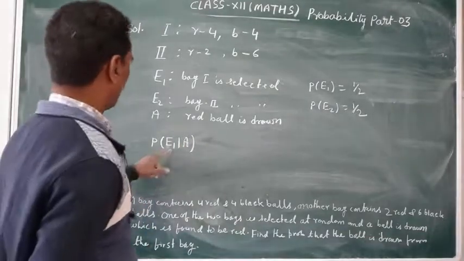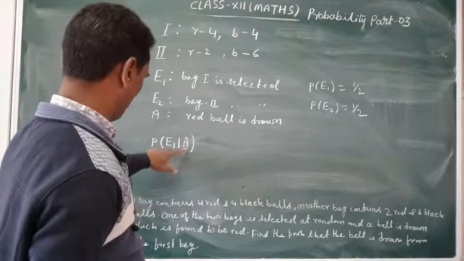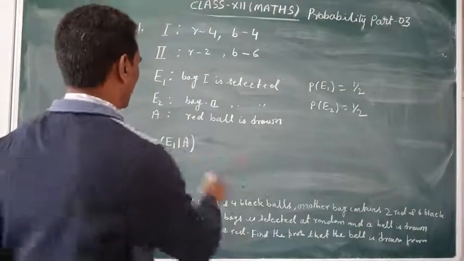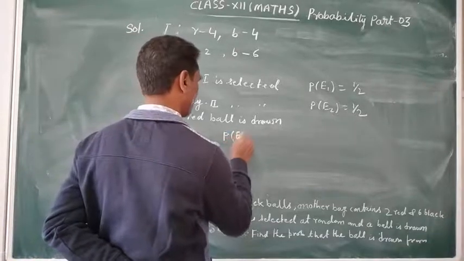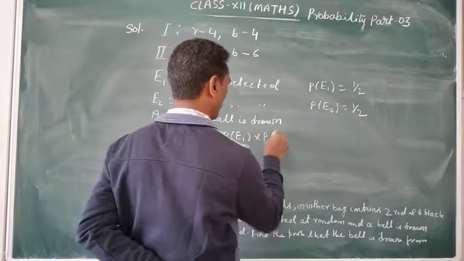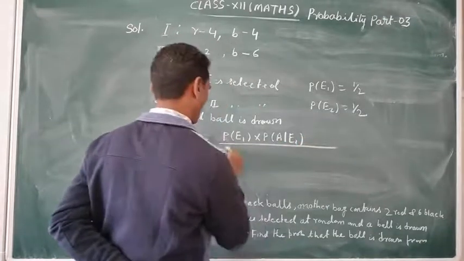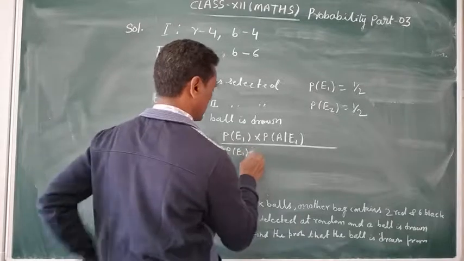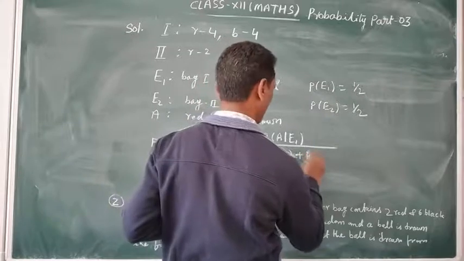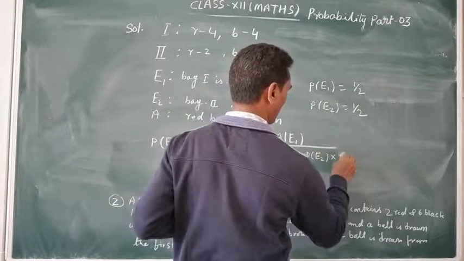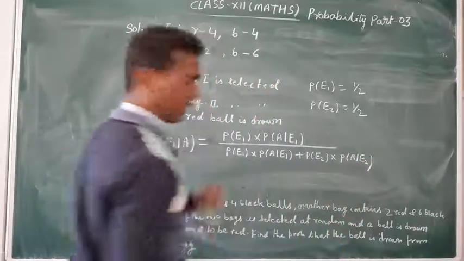The ball is drawn from the first bag, given that the ball is red. So according to our formula, it is the probability of E1 into the probability of A given E1, divided by the probability of E1 into the probability of A given E1, plus the probability of E2 into the probability of A given E2. So this value we have to find here.